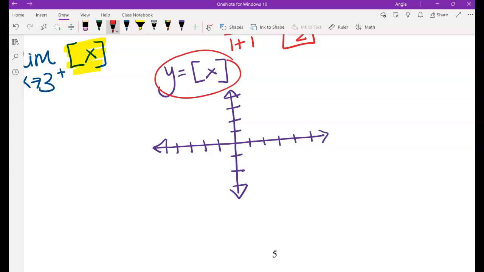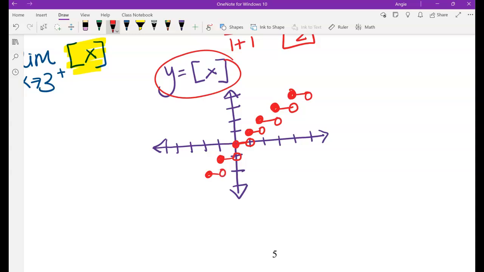This is a parent function. So we're going to start at 0, open circle, closed, open, closed, open, and so on. I'm just going to fill out my grid here. Same thing here. If that's a closed dot on the top, the bottom is open.